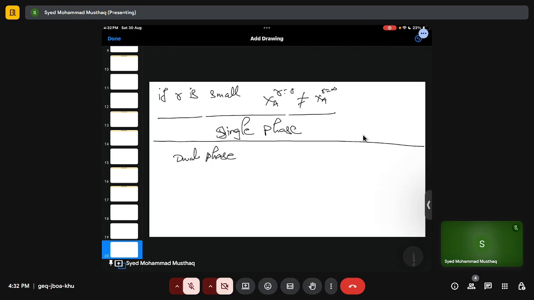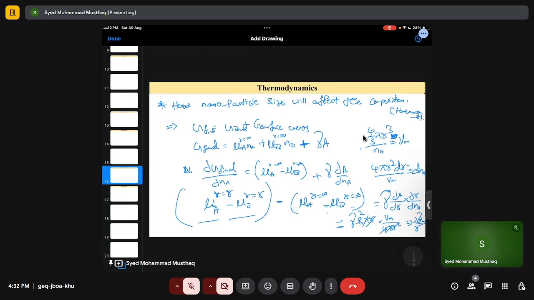So my final free energy will be bulk plus the surface. Now my bulk has two parts. You can see mu A Na plus mu B Nb, right?